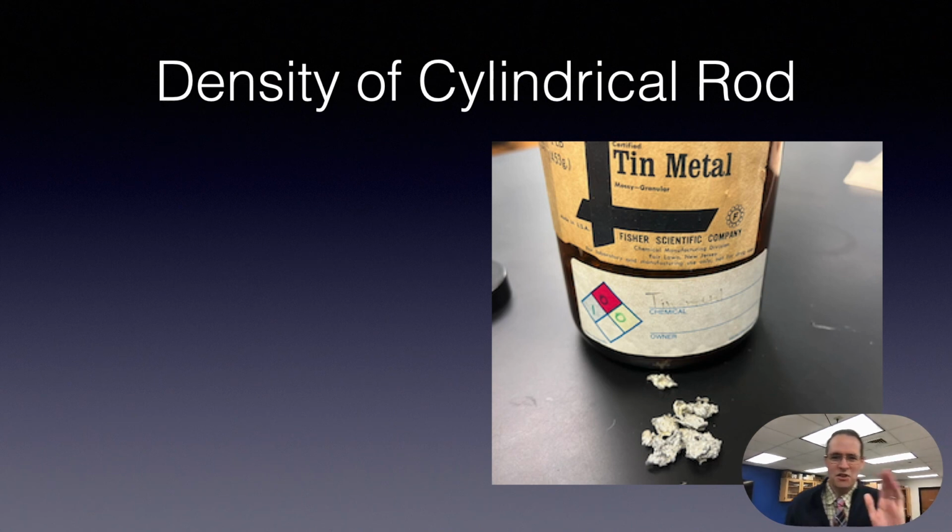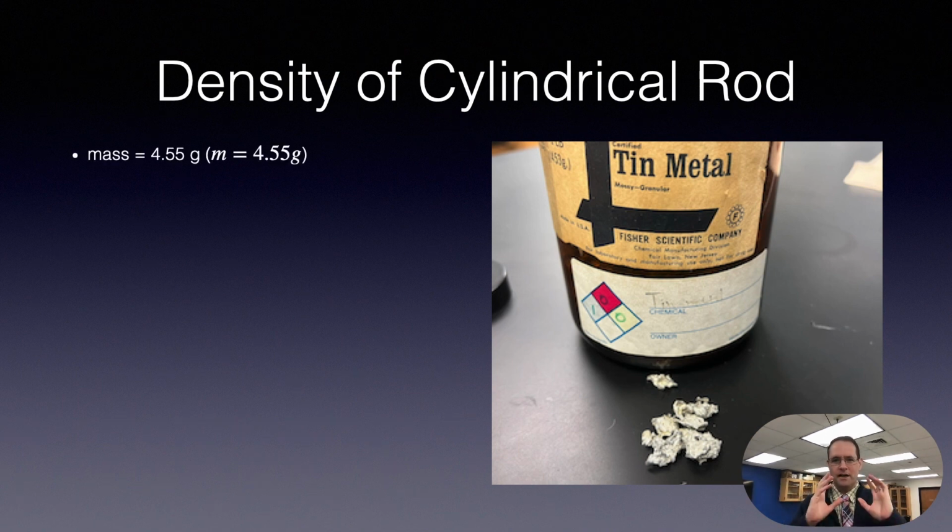All right, so ignore the title of this slide. This is actually density of tin metal, and here are the little bits of metal in the figure here. So we've obtained very simply, once again, always on the balance, the mass of all these bits of metal. It was 4.55 grams, okay? Now, for the volume, we had to measure it indirectly by the rise in height of that liquid.